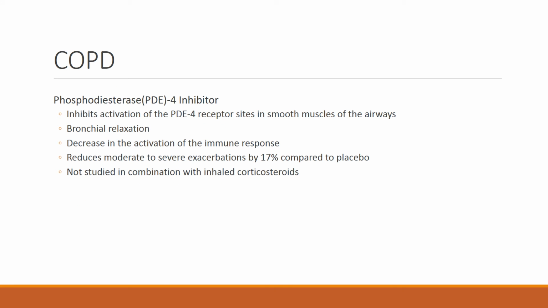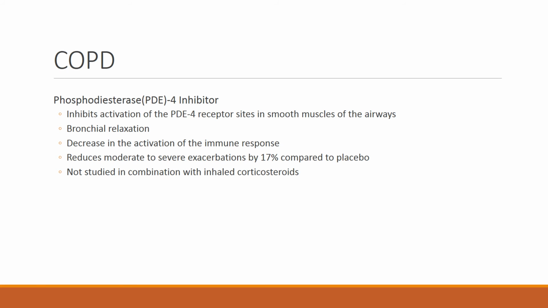This is a newer agent that we didn't talk about when we were talking about asthma, and that's the phosphodiesterase 4 inhibitors, the PDE4. So what it does is it inhibits activation of the PDE4 receptor site in all of the smooth muscles that are in the airways. So that results in bronchial relaxation, also decreases the immune response activation.